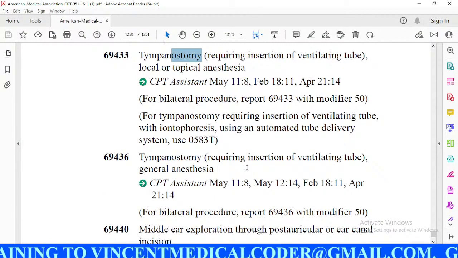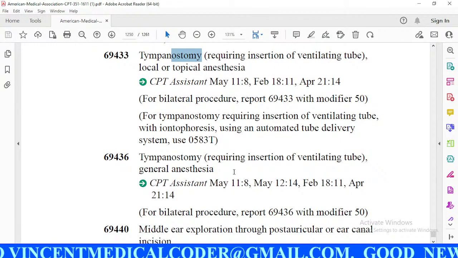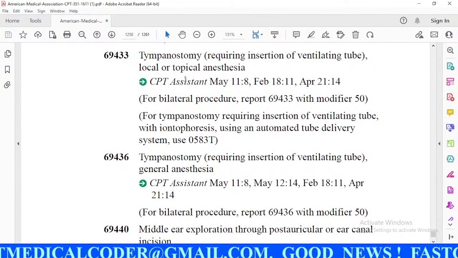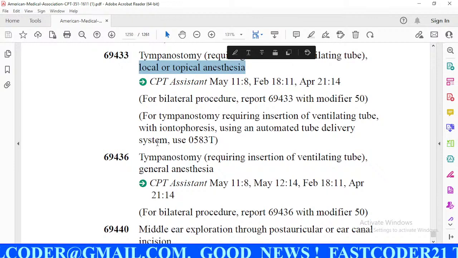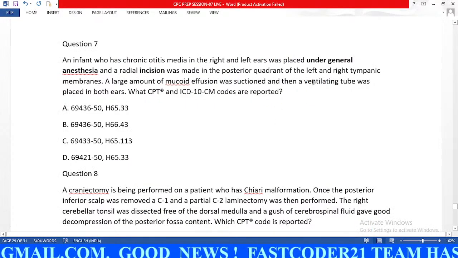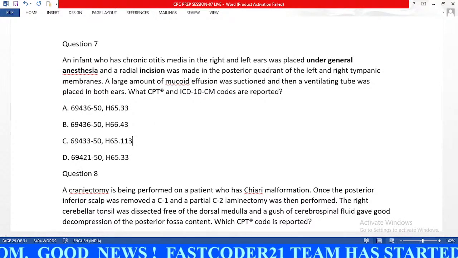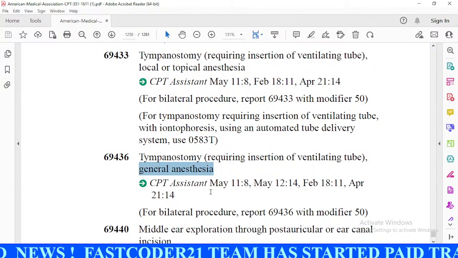Tympanostomy requiring insertion of ventilating tube, general anesthesia. We need to identify here that 69433 is for local or topical anesthesia, 69436 is for general anesthesia. Based on our question, the physician has used general anesthesia, so 69436 is the correct CPT code.